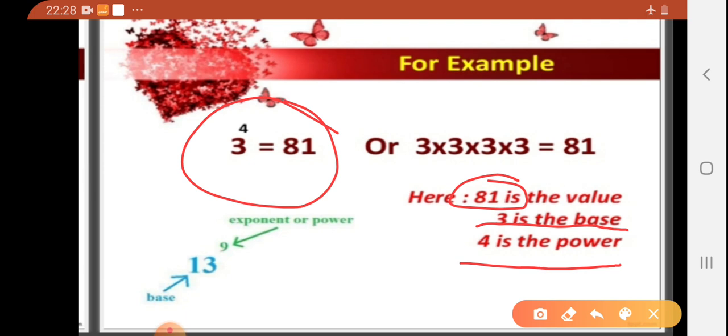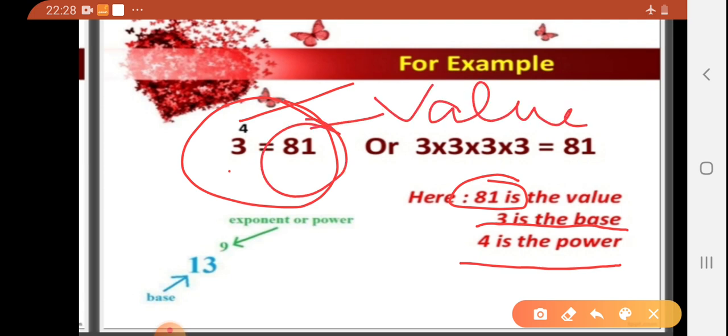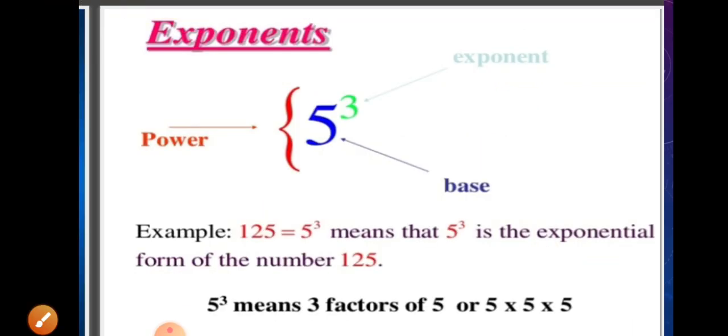So it is clear: 3 is the base, 4 is the exponent, power or index, and 81 is the value. Next example, 5 to the power 3. Here 5 is the base and 3 is the exponent.